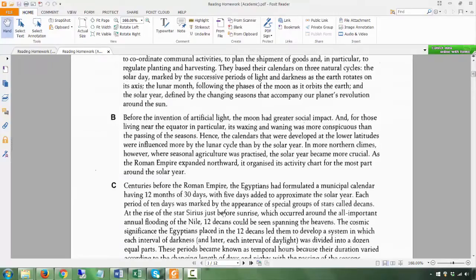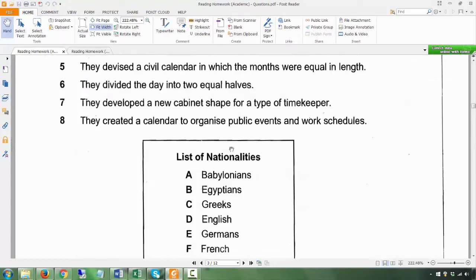So you need to understand the meanings of different words, and as I mentioned, IELTS reading is in a sense a test of your vocabulary. If you know that civil and municipal have the same meaning, then this is a clue. And then you see 12 months of 30 days, which again describes months which were equal in length. So B, right? 5B.